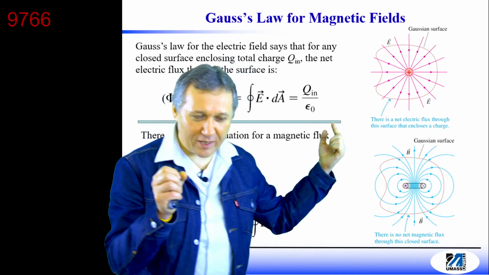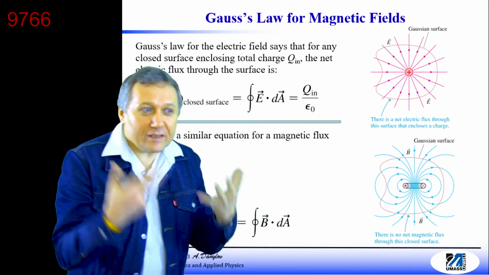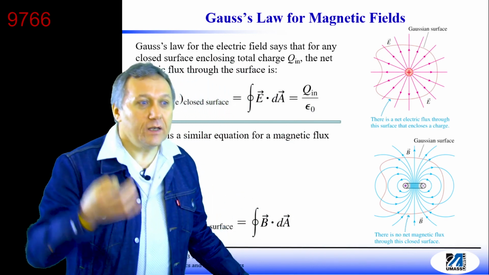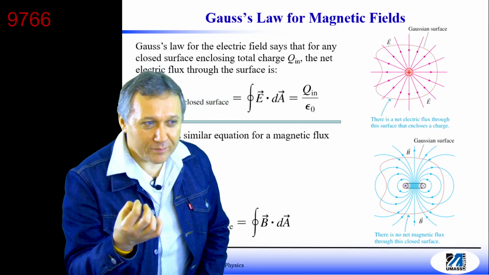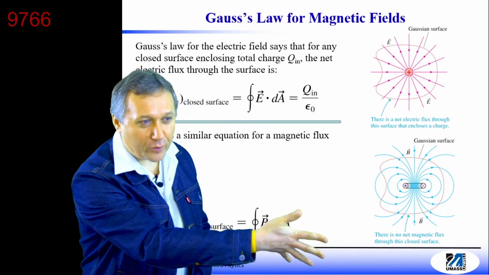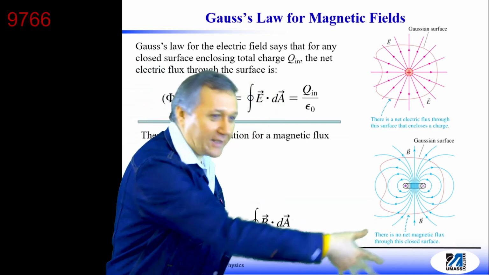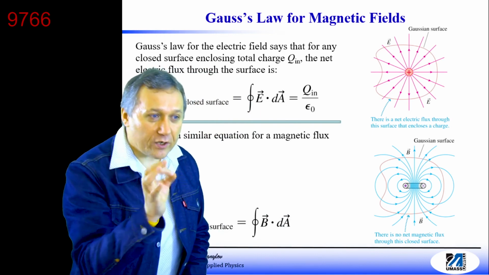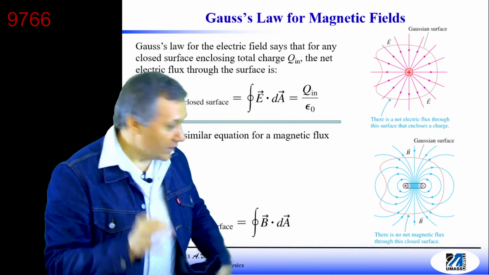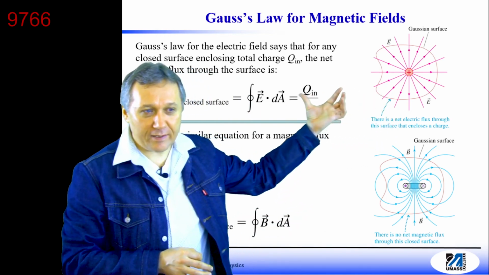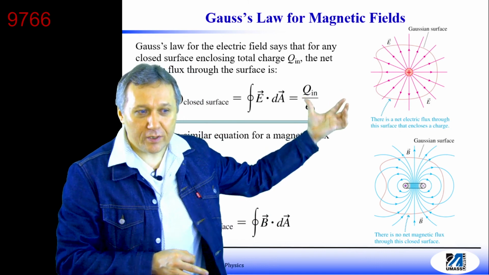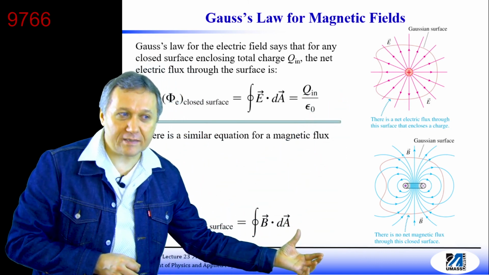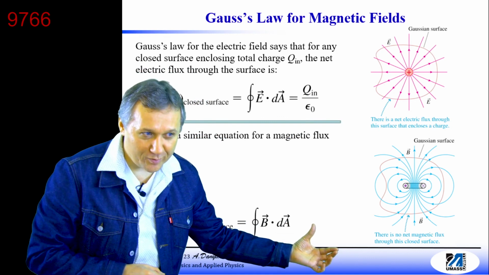I mentioned it a few times in this course. Electric charges are effectively electric monopoles. A positive charge, a proton for example, is a positive electric monopole. An electron is a negative electric monopole. So on the right hand side we have electric monopoles, which means that over here we must have magnetic monopoles.